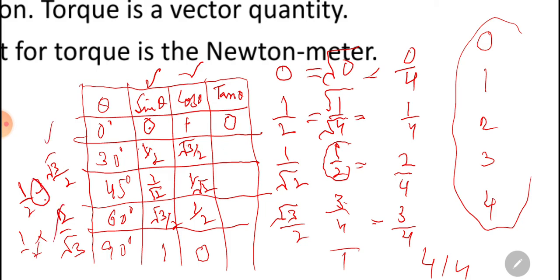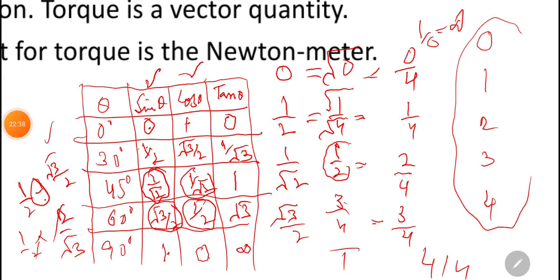So 1 by under root 3. When this column is divided by this column you will get 1. When this is divided by the cos column we will get under root 3. 1 divided by 0 is an undetermined form, so here we will write infinity. So this is the way of memorizing this table.